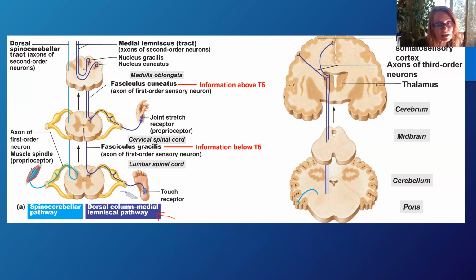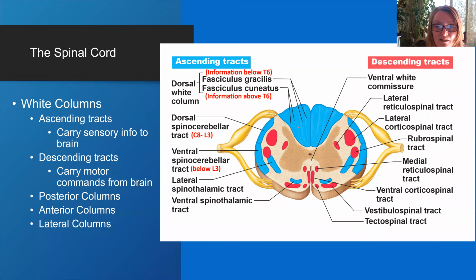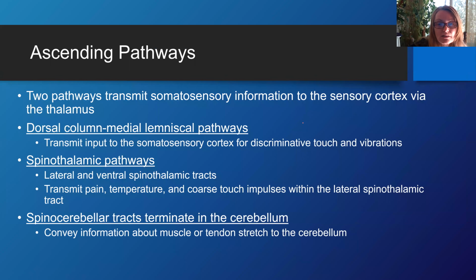It's called the dorsal column medial lemniscus pathway. I know that's a hard name, but look, it means we are right here in this area. We are in this dorsal column. And this is a blue tract, right? So we go up, so it's an ascending tract. So it's the dorsal column, and then they call it the dorsal column medial lemniscus pathway.